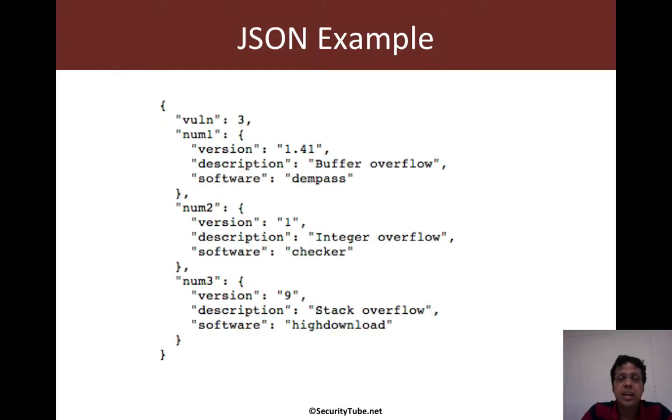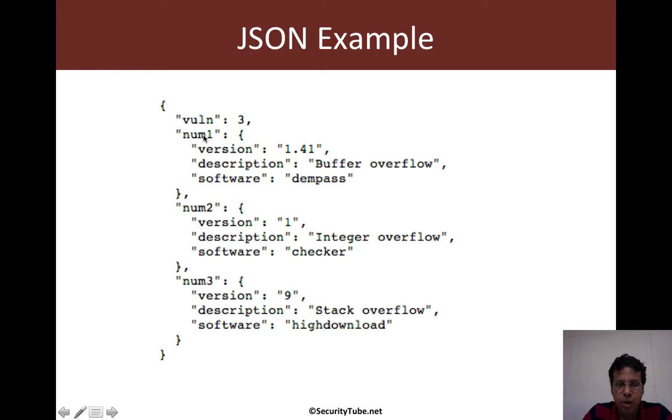Now I'll give you an example of how JSON can look. Here is an example where the response has a JSON based structure. One is 3 and after that you have num1, and if you notice, inside that there are nested name value pairs. When I said JSON has hierarchical order, this is what I meant.